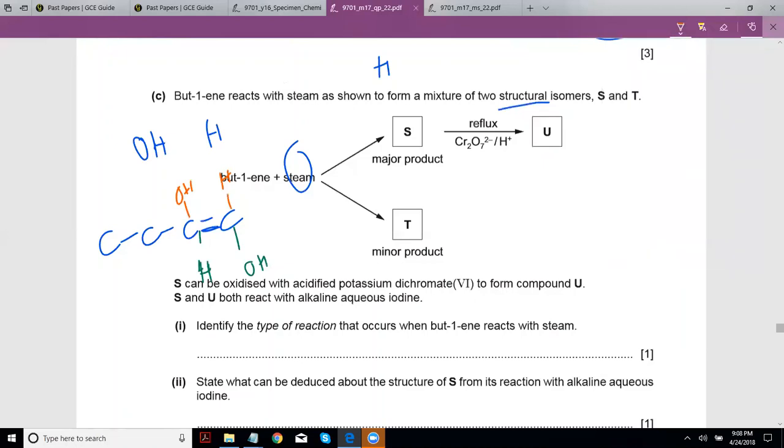Yes, so there are two conditions. Firstly, the hydrogen attaches to the carbon atom which already has a greater number of hydrogen atoms. If you break the double bond, you notice that the last carbon now has room for 3 hydrogen atoms, so there the hydrogen count is higher. And according to Markovnikov's rule, the OH gets attached to the place where a more stable carbonium ion forms.